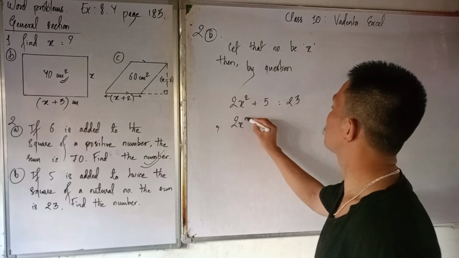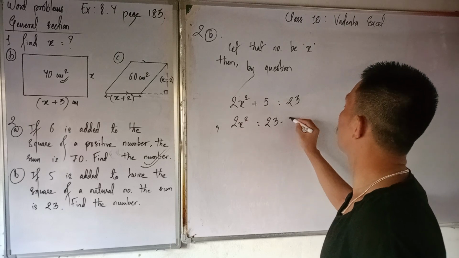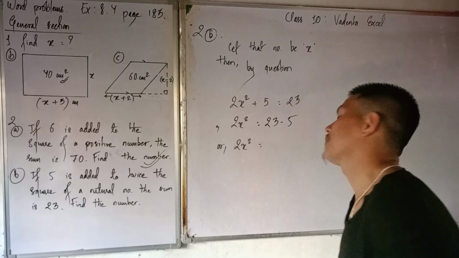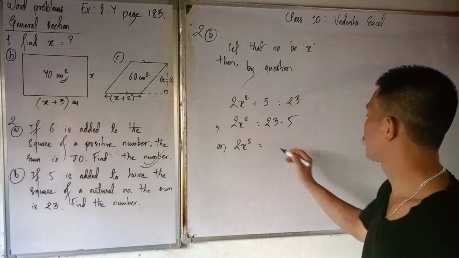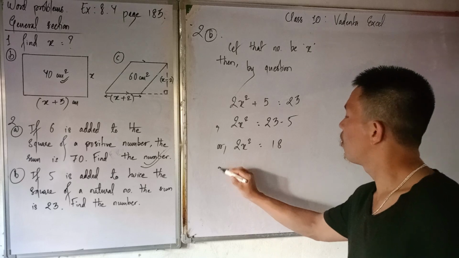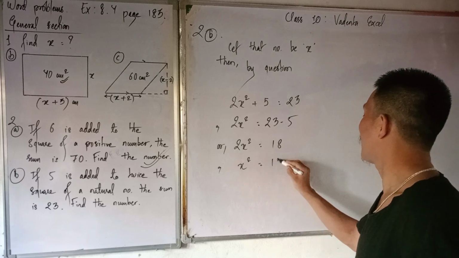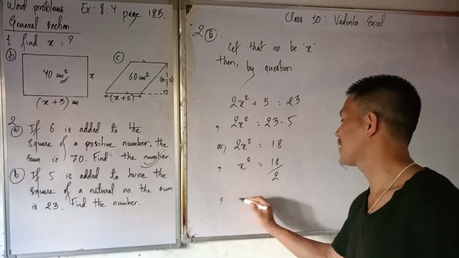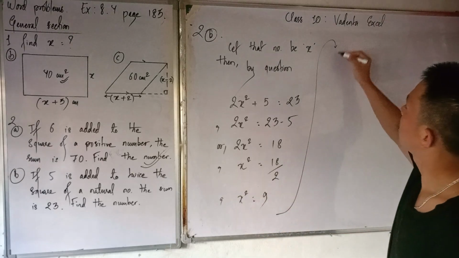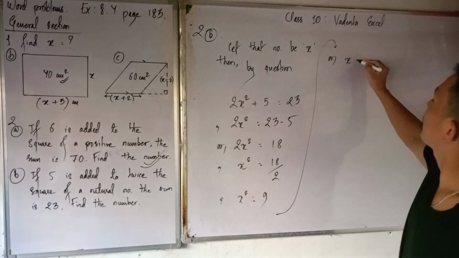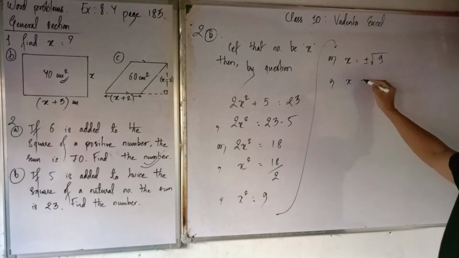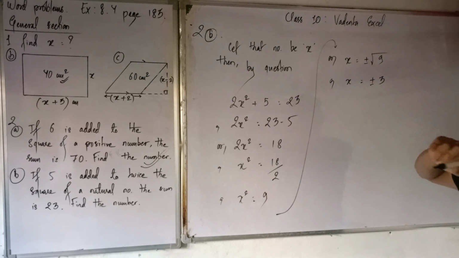Now 2x square is equal to 23 minus 5. How much is that? 18. Yes, or x square is equal to 18 divided by 2. That becomes x square is equal to 9, or x equals plus minus root 9, or x equals plus minus 3.